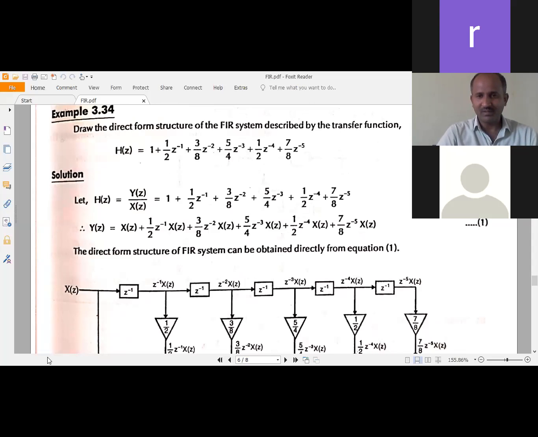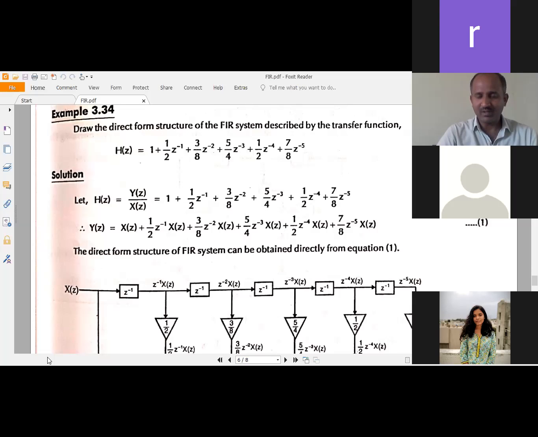Clear, sir. Vidya, you are clear in the structure of FIR systems? Yes, sir. You work out all. If you have any doubt, you note down your doubts, then you clarify in the next class. You work out first, then you clarify in the next class.